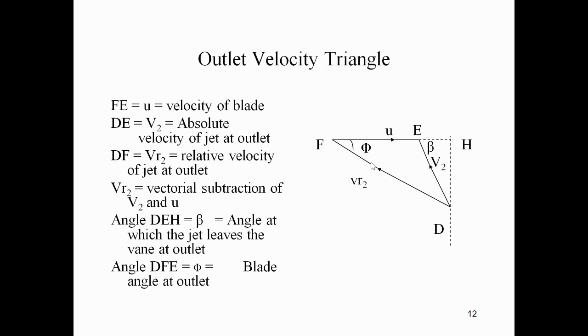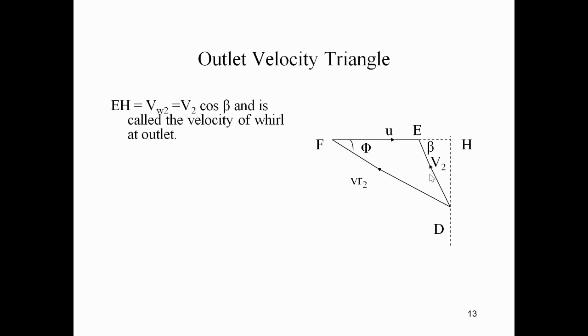Next, EH is equal to VW2. This is V2 cos beta, and it is called the velocity of whirl at outlet.